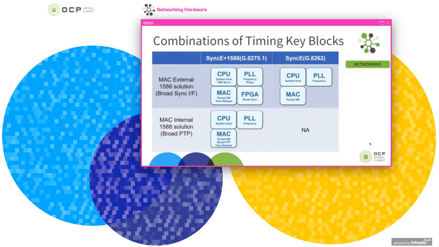We still keep a PLL outside the MAC because we are running 1588 for 4G timing support, so we use a PLL to maintain the frequency, and the phase and the time we will keep in the MAC for the internal solution.